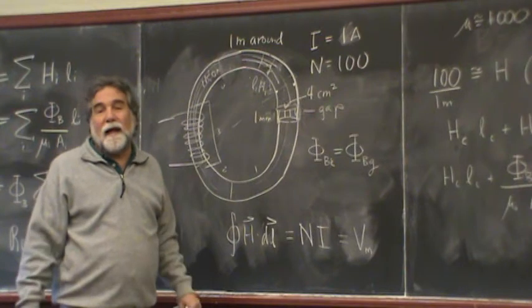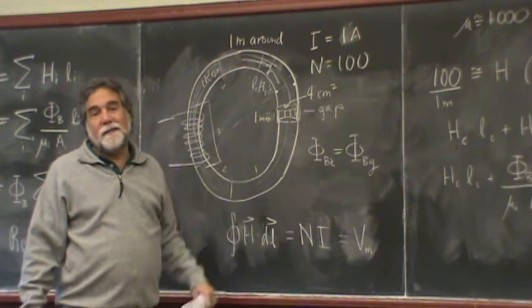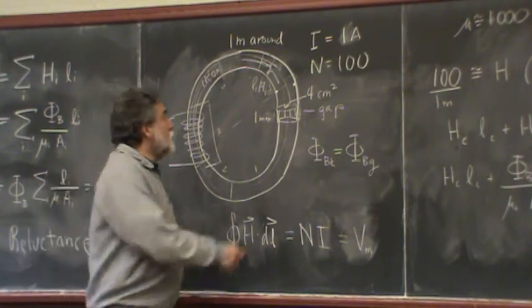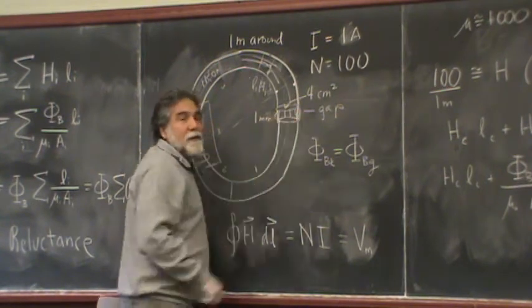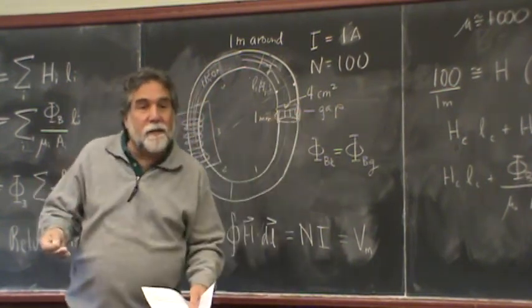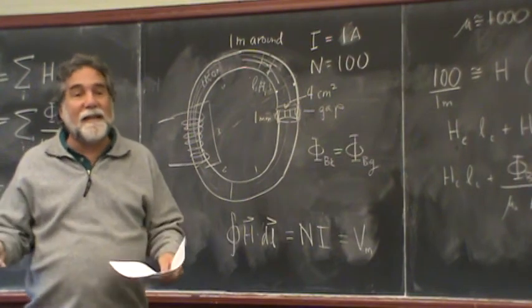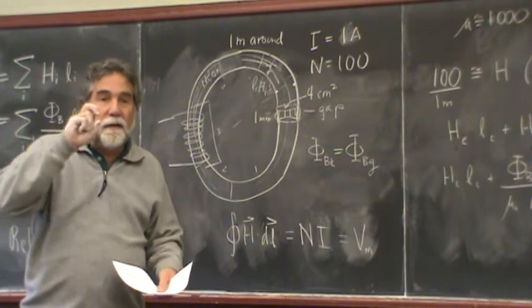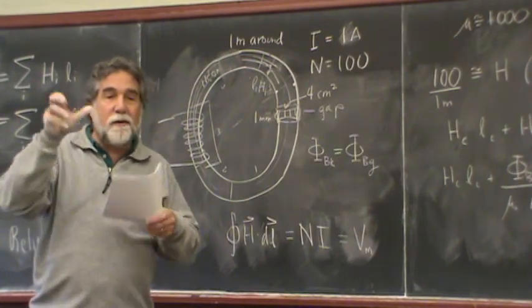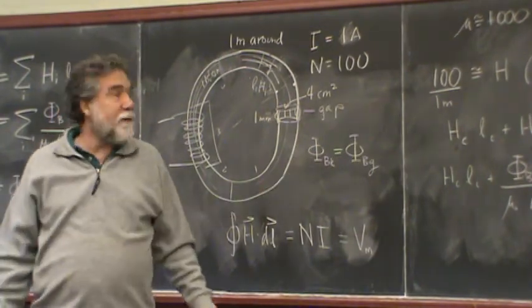It's a table of corrections to the area that they're going to use, because you do know that the field bulges out. So you go to an electrical engineering textbook, actually a magnetics engineering textbook, and it will just have a table of gap versus diameter and what corrections you make to the area.